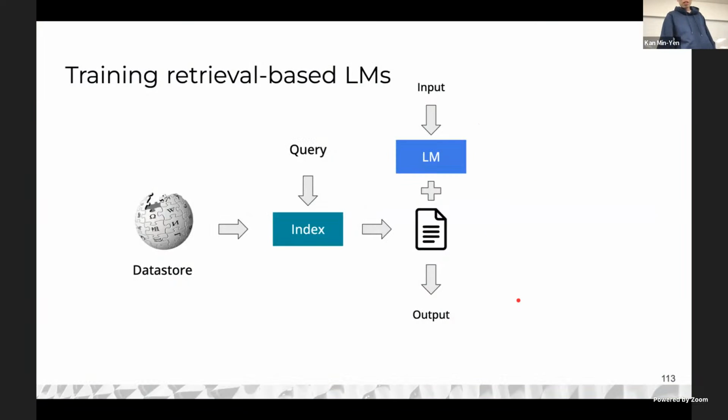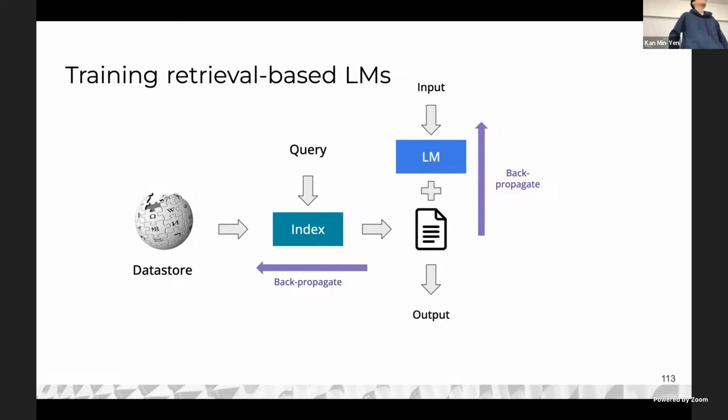First, we have seen a lot of different architectures of retrieval-based LLMs, and essentially this is the structure we have. On the left, we have a retrieval component, and on the right we have an LM component. For training, naturally we will have two kinds of back propagations, one for the LM side, the other for the retrieval side.